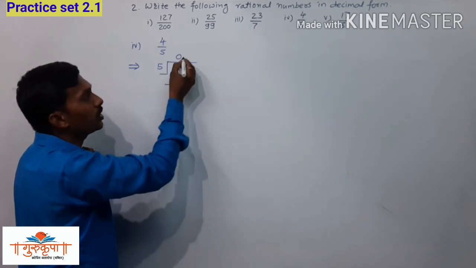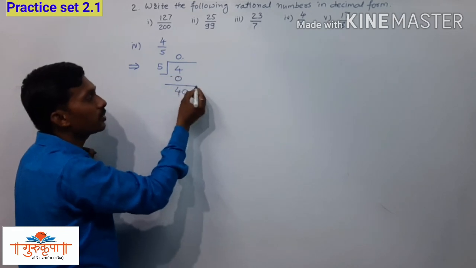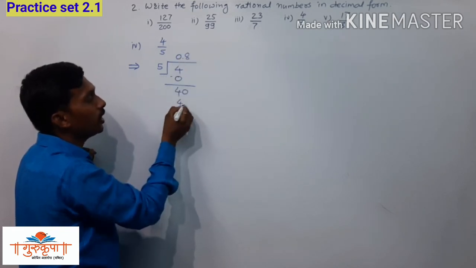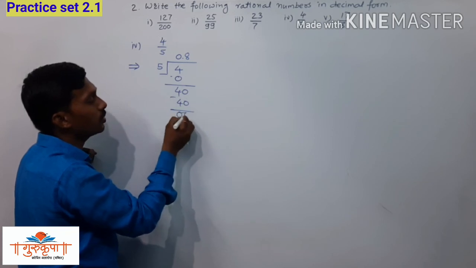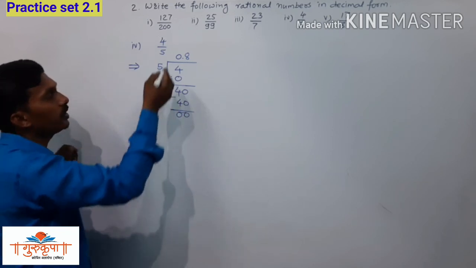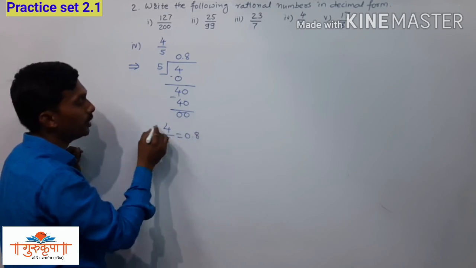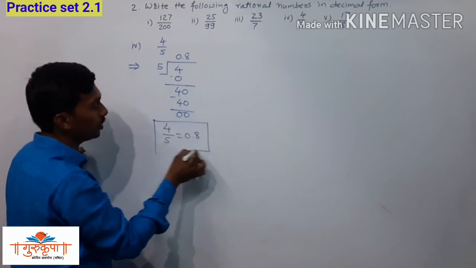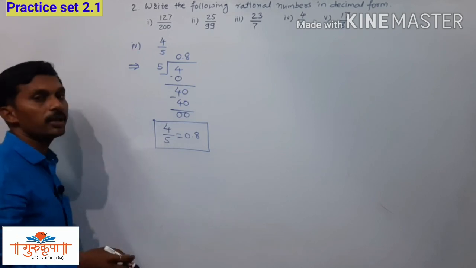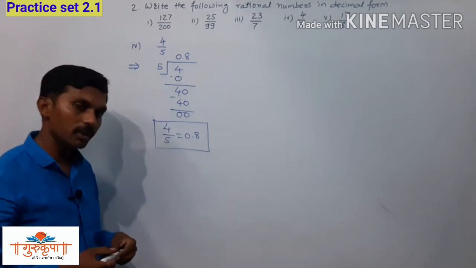Here 4 is remaining. Now put the decimal sign and take 10 there. 5 8s are 40 and 40 minus 40 is 0. Here the division gets completed. So 4 upon 5 is equal to 0.8. There is no recurring. This is the terminating decimal form of the rational number.